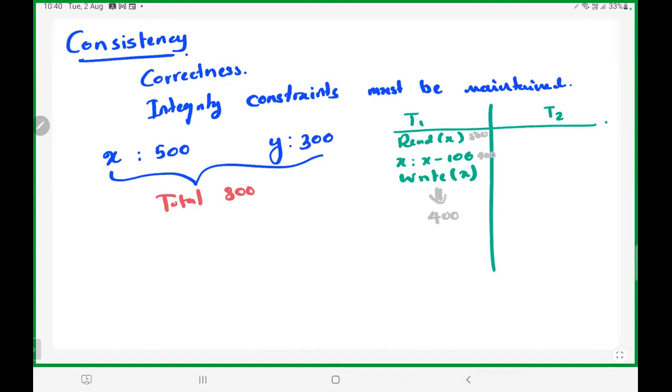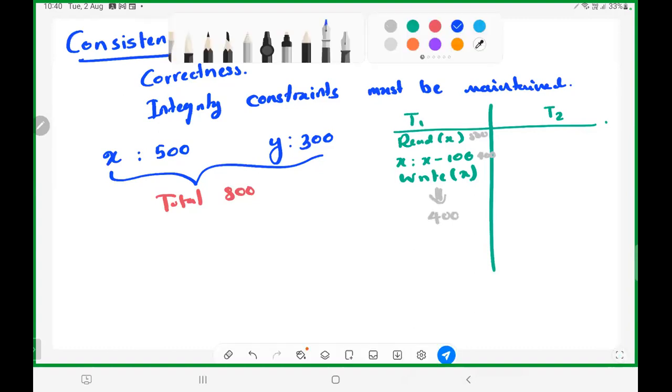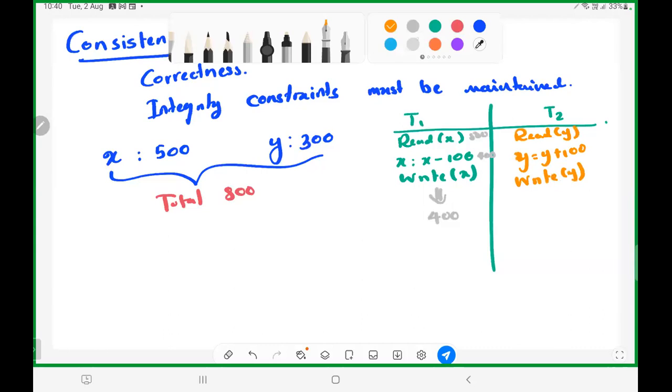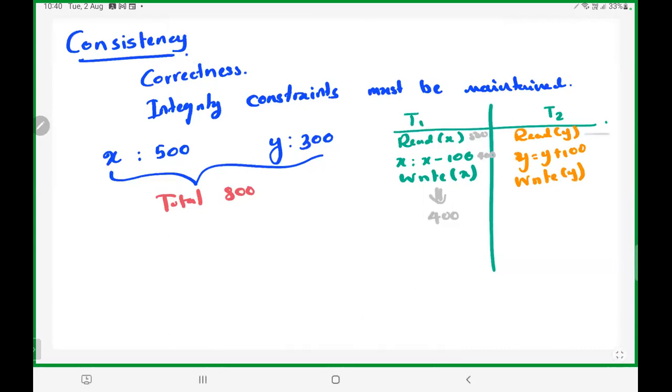In transaction 2, they will read Y here. And to Y, they will add that 100 rupees and write Y. Then let's see the outputs. Y is 300.